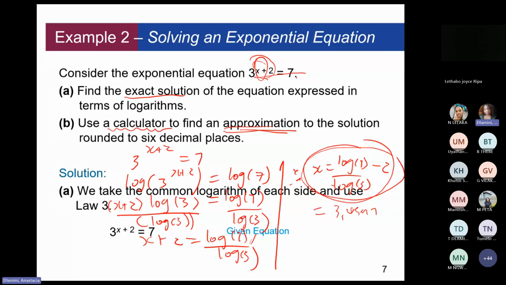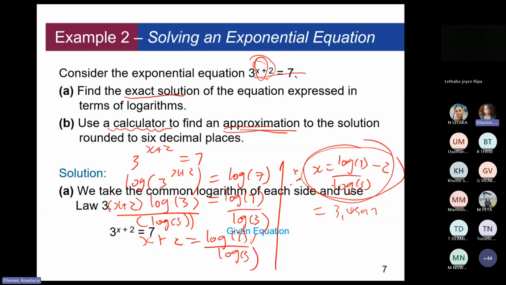They'll use the common log to solve for exponents. So if you see an exponent, you solve with what? The common log. The reason why we do not use ln for this one is because we went back to the inverse property. We know that the inverse of an exponential is a log function. Do you see that?